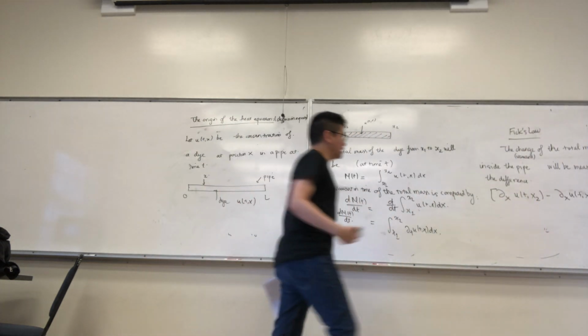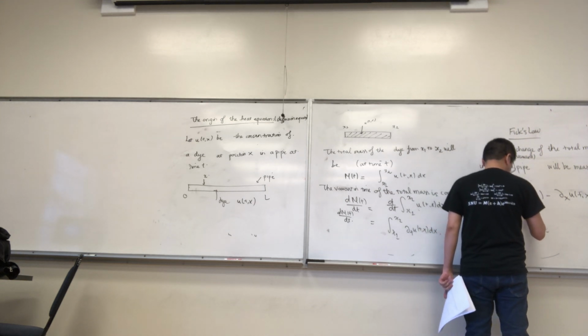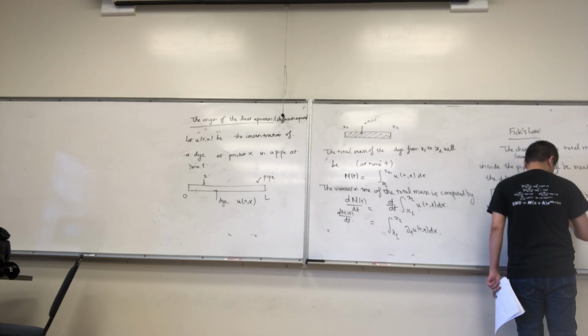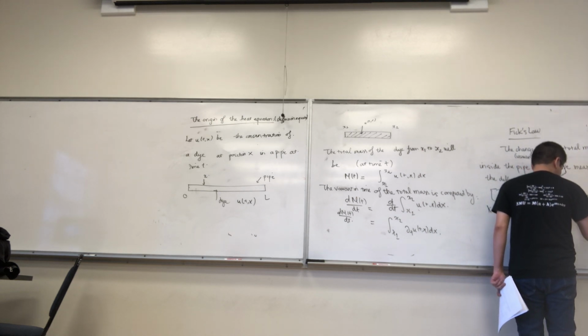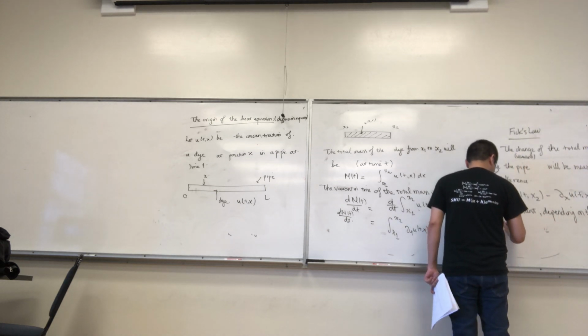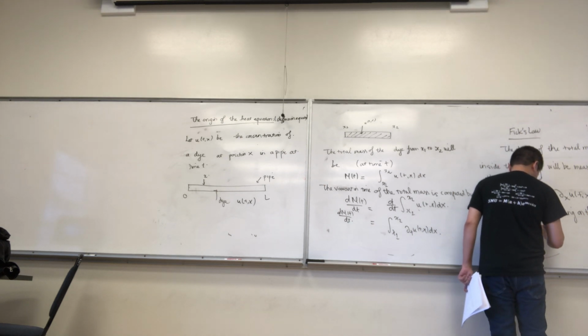So k is a constant depending on the type of dye inside the pipe.